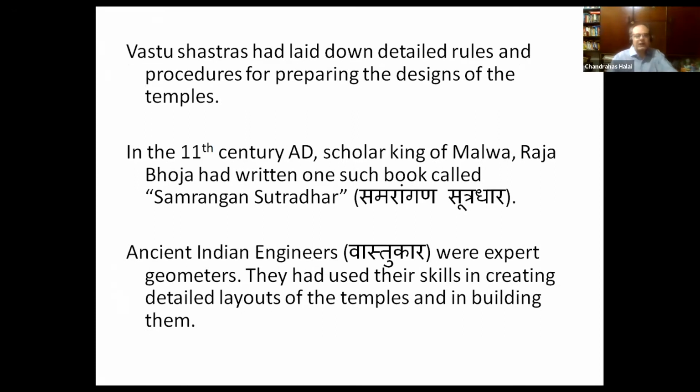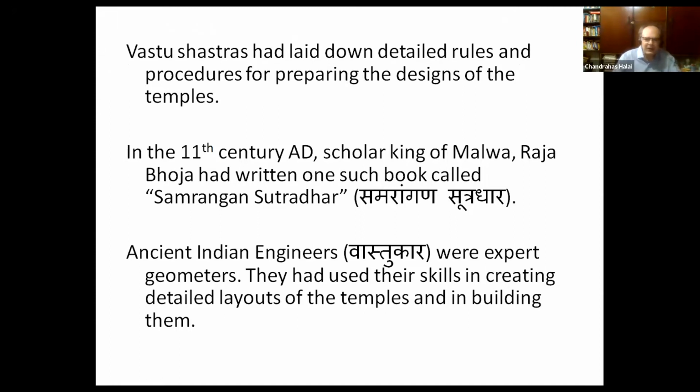Now, Vastu Shastra had laid down detailed rules and procedures for preparing the designs of the temples. Raja Bhoj, the 11th century scholar king of Malwa, had compiled one such book known as the Samarangan Sutradhar.